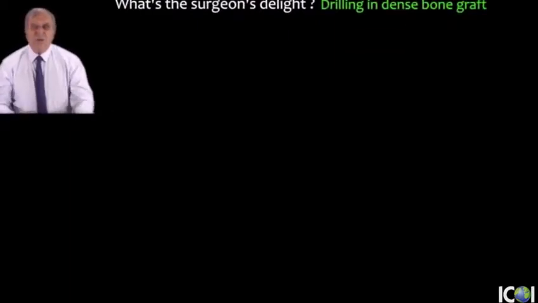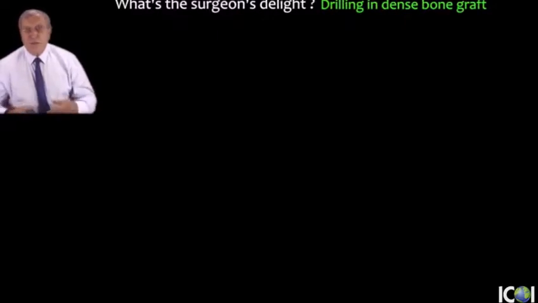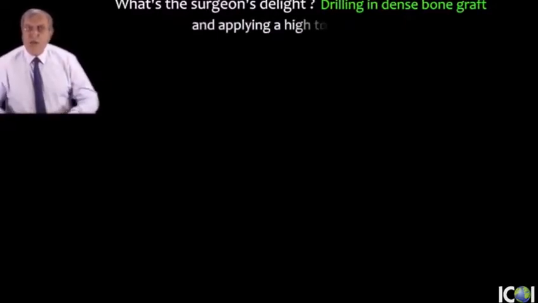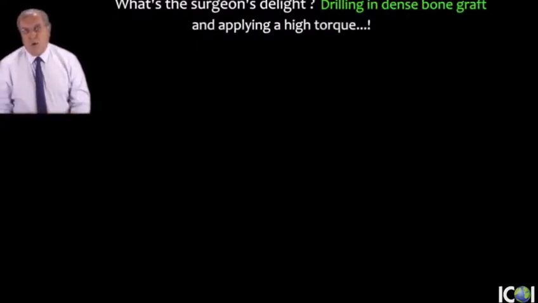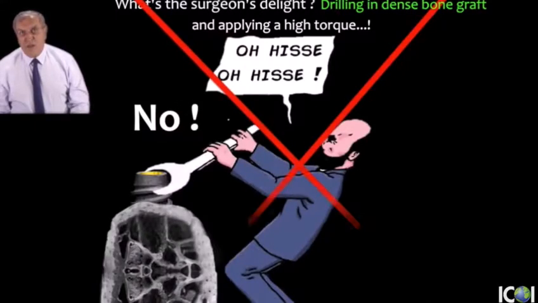What is the surgeon's delight? The surgeons, they enjoy drilling into a dense bone graft. This is their pleasure. And when they meet a dense graft, they apply a high torque because they believe that it will be good. Definitely, it's a big mistake.